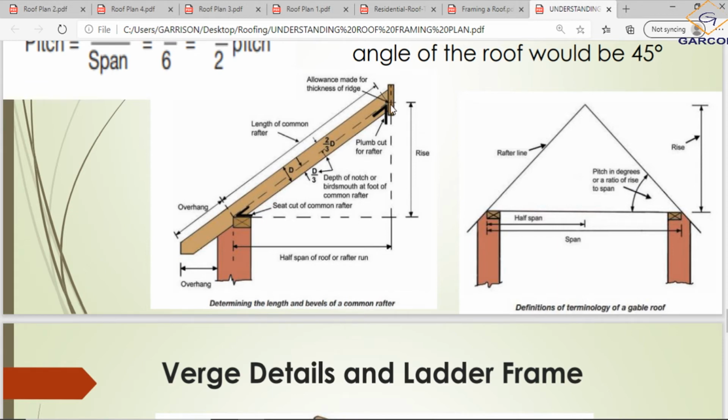You measure your rafter from this point to the center of the ridge. So basically, half span of the roof, or rafter run, and then you have the height, and this gives you the rafter length. Run and rise can tell you what this should be.